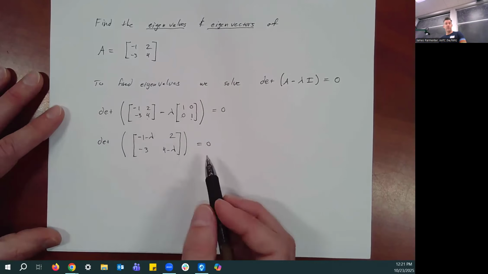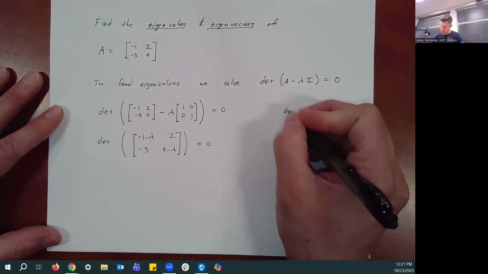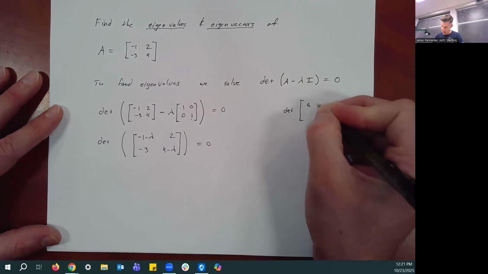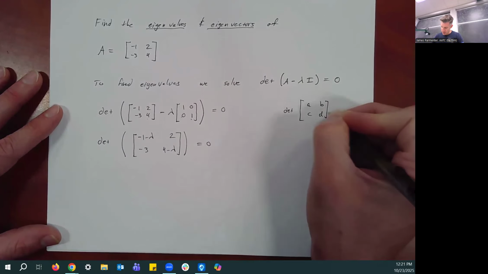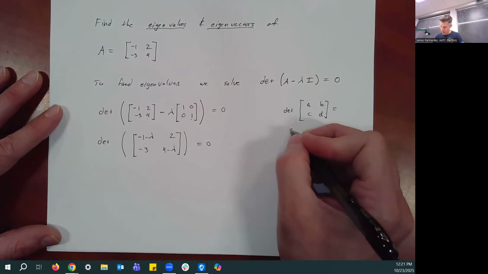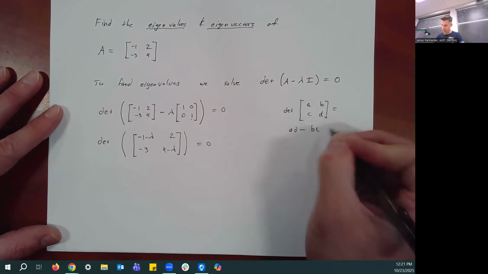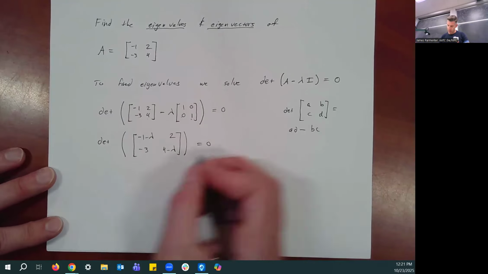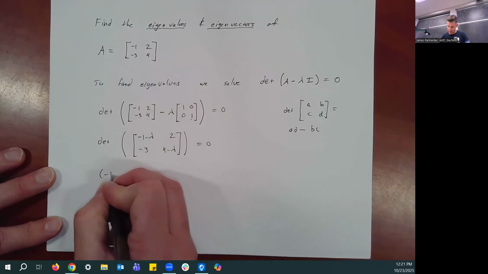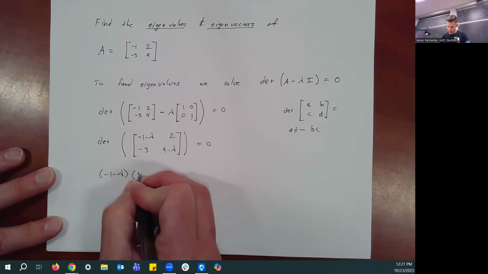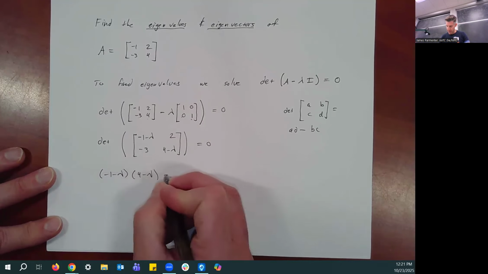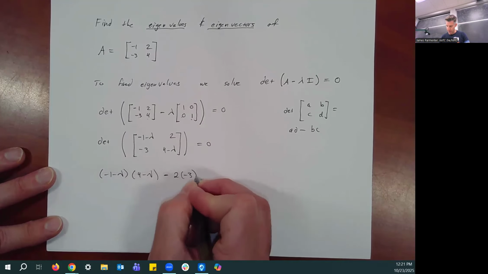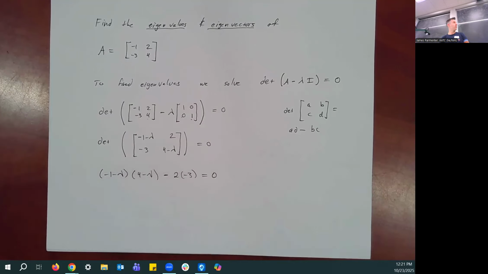Now, the determinant of a 2 by 2 matrix, in case you've forgotten, the determinant of A, B, C, D is always A times D minus B times C. Or I'll usually say the product of the diagonal entries minus the product of the off-diagonal entries. In this case, it's going to be (-1 minus lambda) times (4 minus lambda) minus 2 times -3 equal to 0.